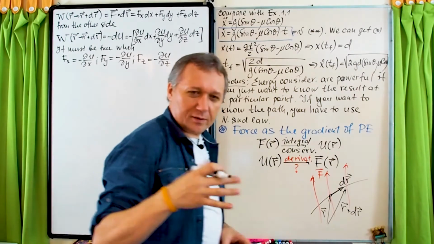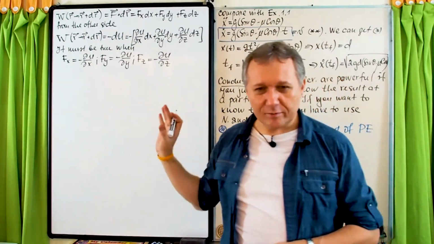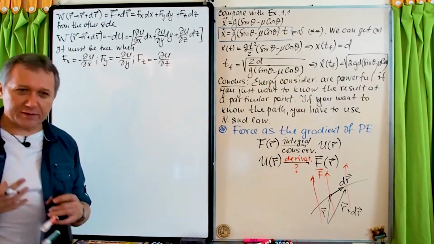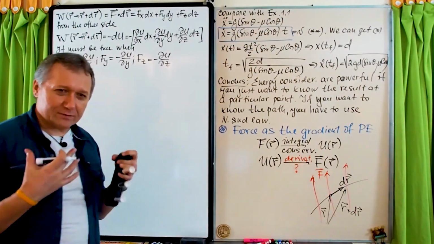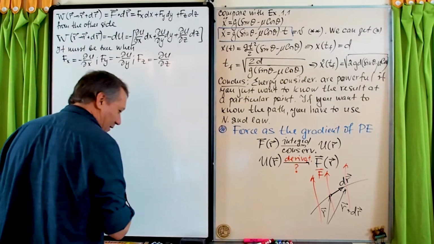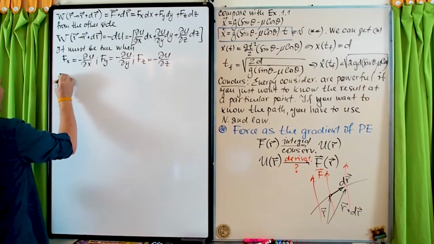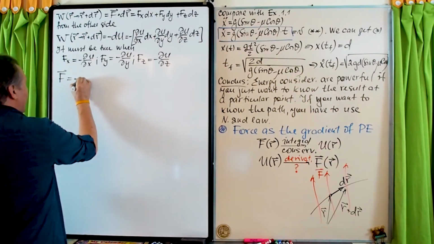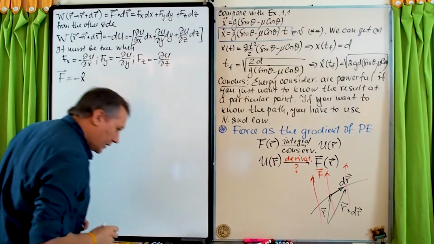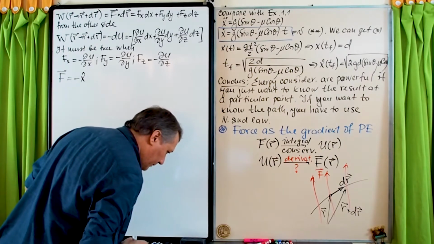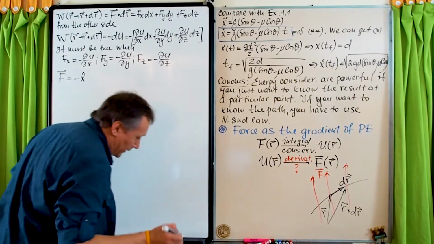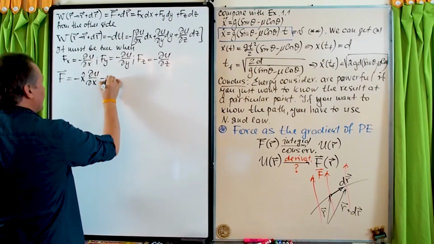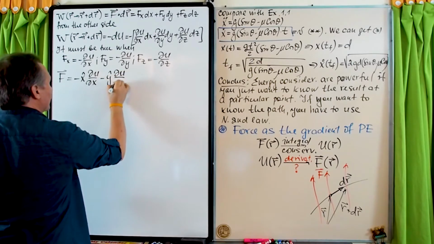It's kind of tedious writing, right? But anyway, let's write it in a vector form. So F equals minus x hat dU over dx, minus y hat dU over dy, minus z hat dU over dz.